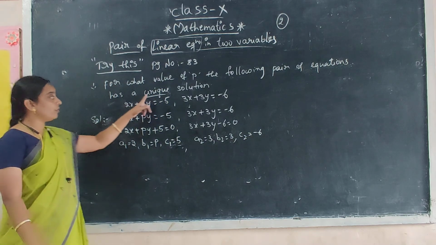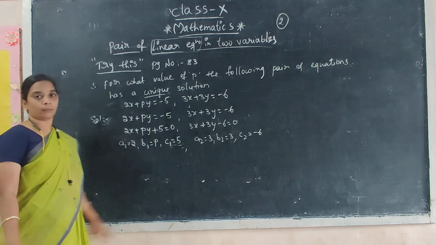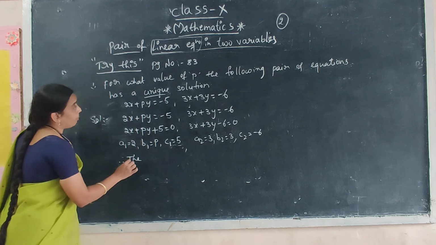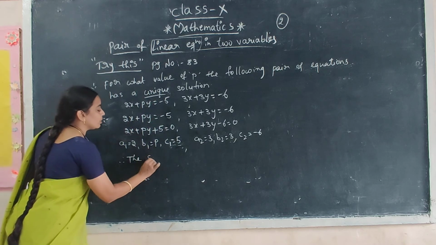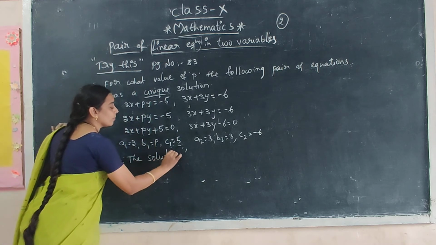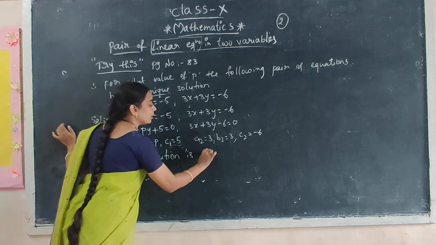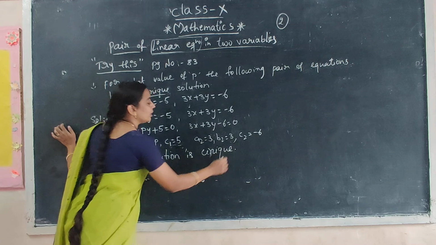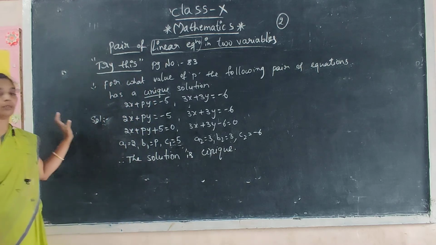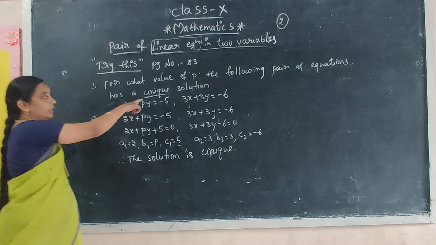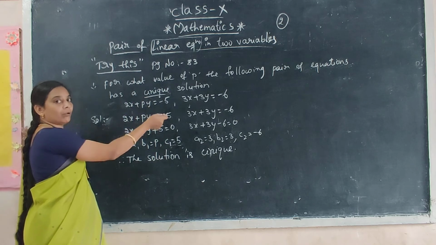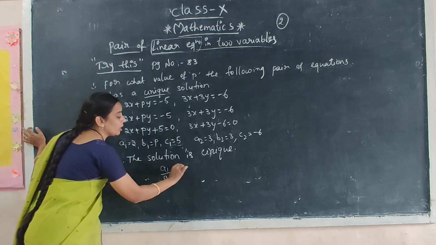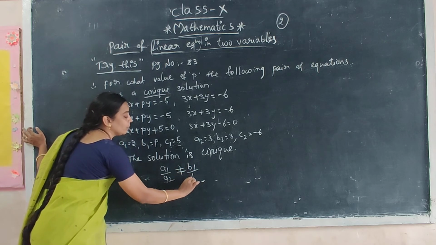Now, here the word is unique solution. So the pair of equations has a unique solution. Unique is the word. So if the word unique is there, what condition will you recall? The first condition: A1 by A2 is not equal to B1 by B2.